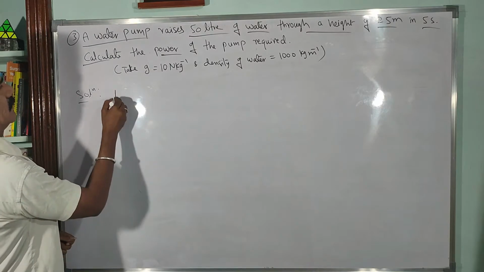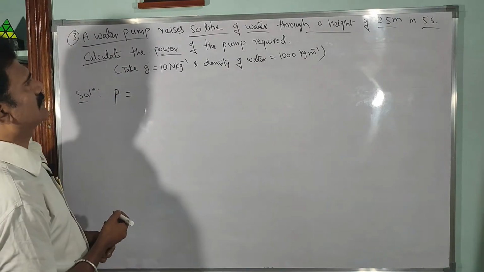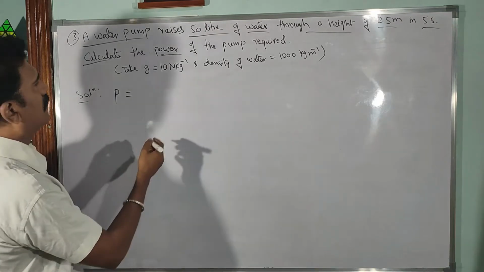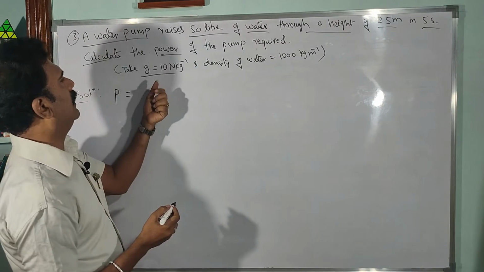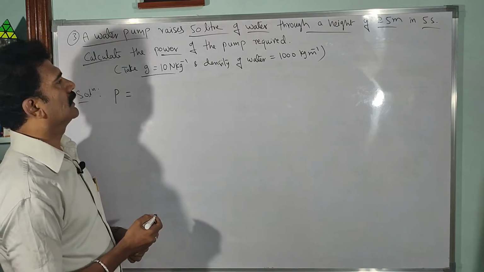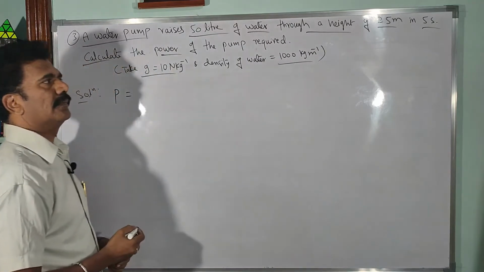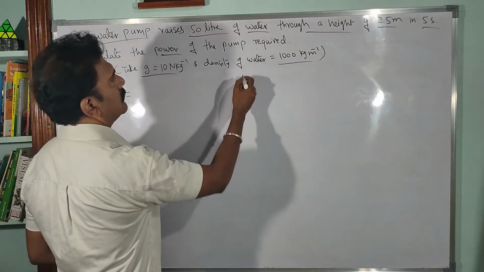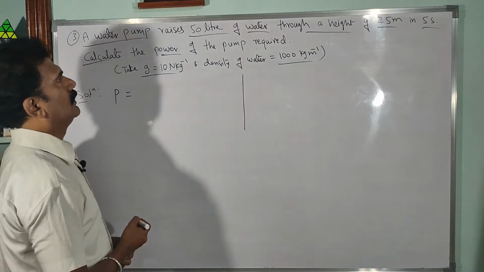What is the equation? Directly I will calculate it now. Simple problem, you know. So power is equal to, what are the given values here? g is equal to 9.8. In fact, it is given as 10 Newton per kg approximately. The density is 1000 kg per meter cubed. Then you can convert the number of liters into kg.